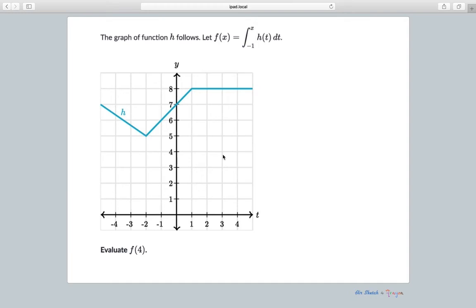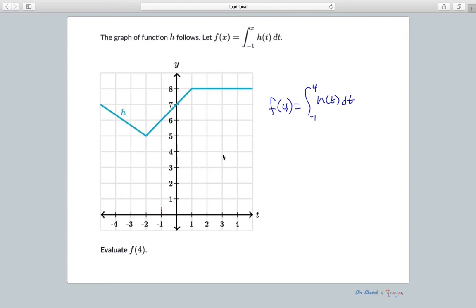All right, last one. Accumulation function: let f of x equal the integral from -1 to x of h of t dt. Evaluate f of 4. So f of 4 then equals the integral from -1 to 4 of h of t dt, which is going to correspond to the area under this curve between -1 and 4.